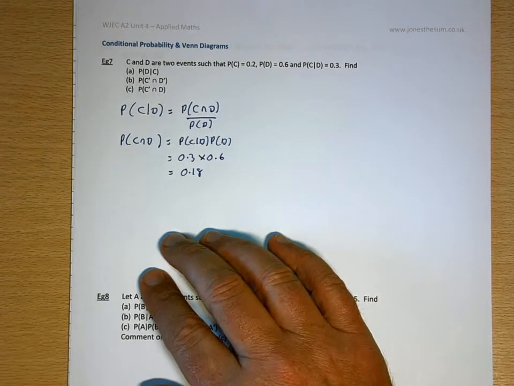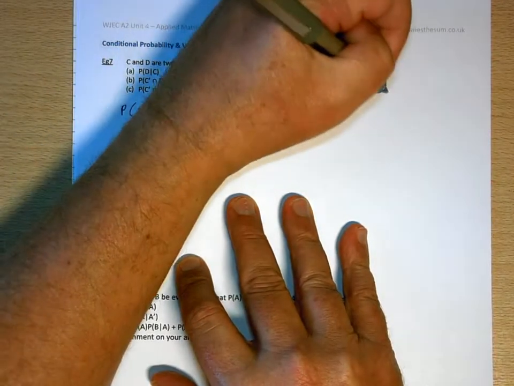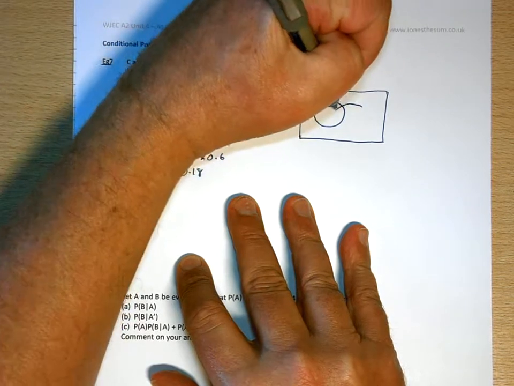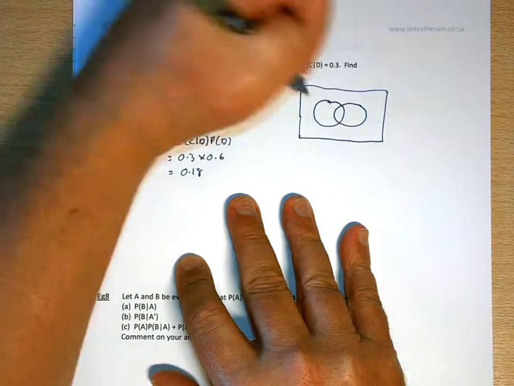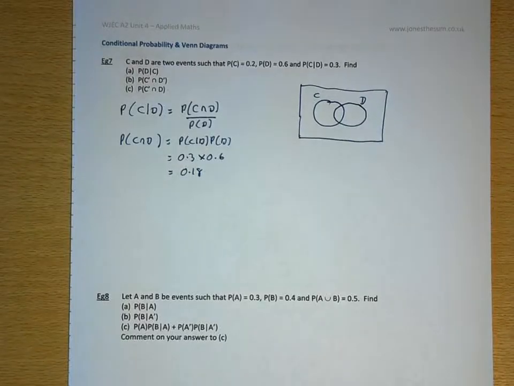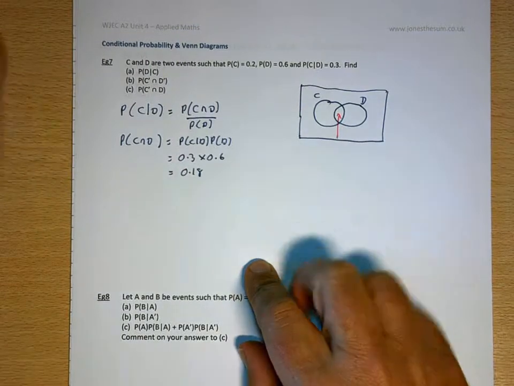will be 0.18. Now if we look at that on a Venn diagram, what that means, we've got event C and event D, and now I know the intersection there is 0.18.